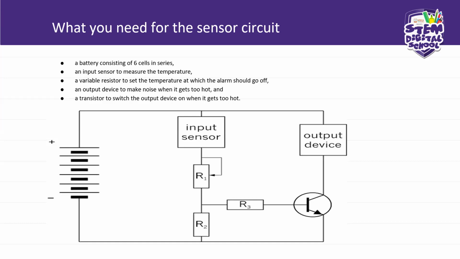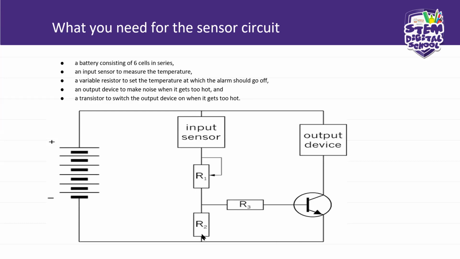It is the sensor connected to the variable resistor, okay? And then from there, a lead that will connect the resistor number 2. And then you have your transistor. You have a lead that will go from the emitter of the transistor to resistor number 2.